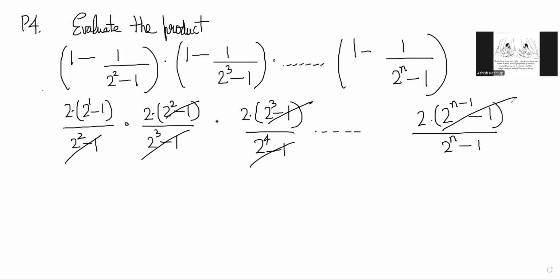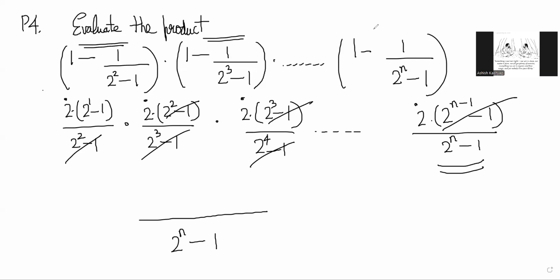At the end, you will just get the denominator 2 power n minus 1, and on the top you are multiplying 2. But the mistake that you made is you didn't count it correctly. There are n minus 1 terms, not n terms. If you see the brackets, there are n minus 1 brackets. So the top is 2 power n minus 1. It is not 2 power n, it is 2 power n minus 1 at the top, right?